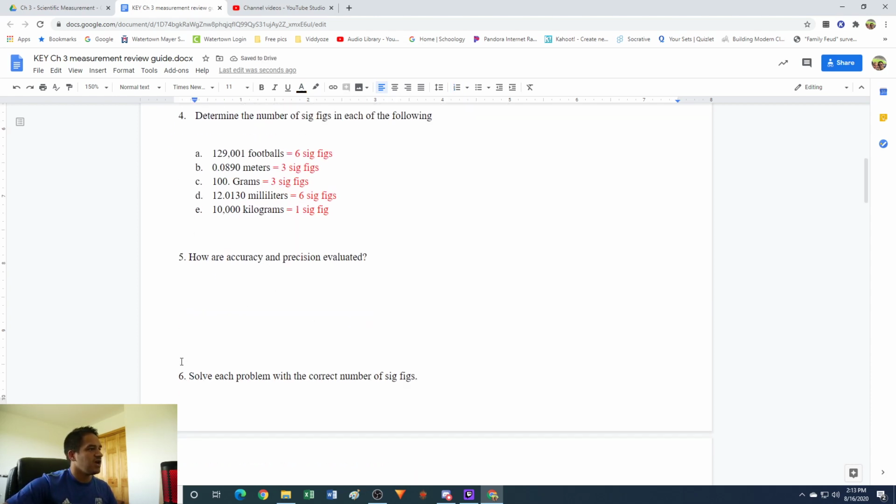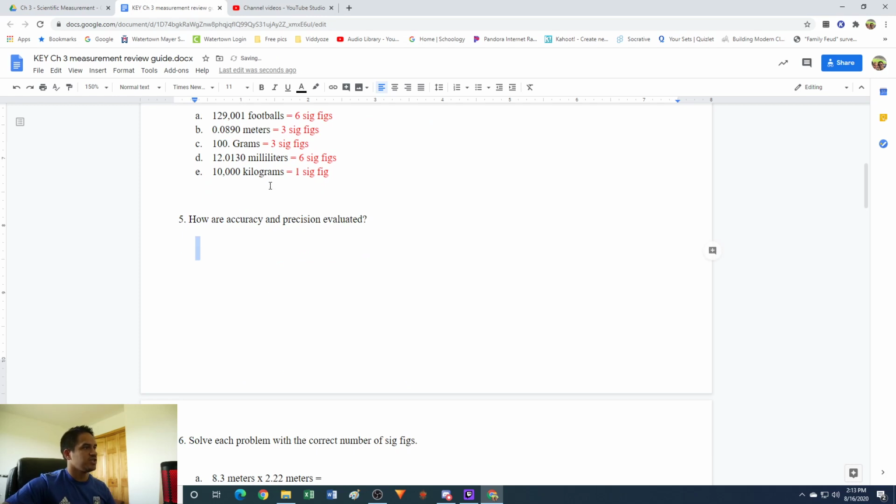All right, number 5, how are accuracy and precision evaluated? This is basically just asking what accuracy is and what precision is. This is directly from the notes. Remember that accuracy is a measure of how close a measurement is to an accepted or true value.